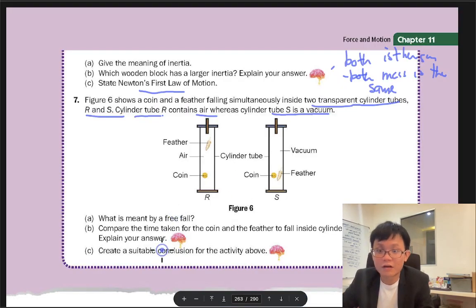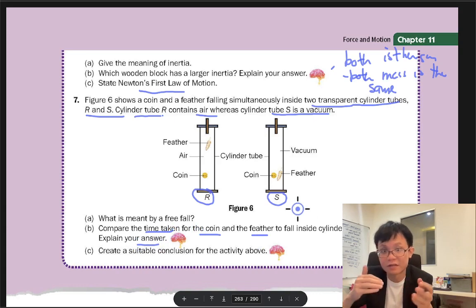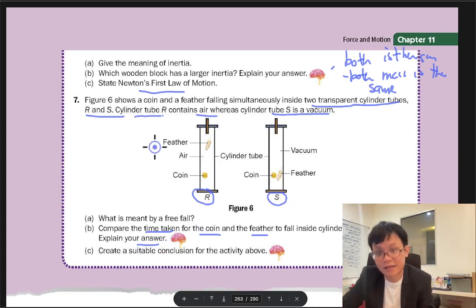Okay, continue on. Compare the time taken for the coin and feather in R and S. So R has air, S has no air. So compare the time and explain. We need to compare the time first. We compare the time: we can see the feather up here, the coin down here.